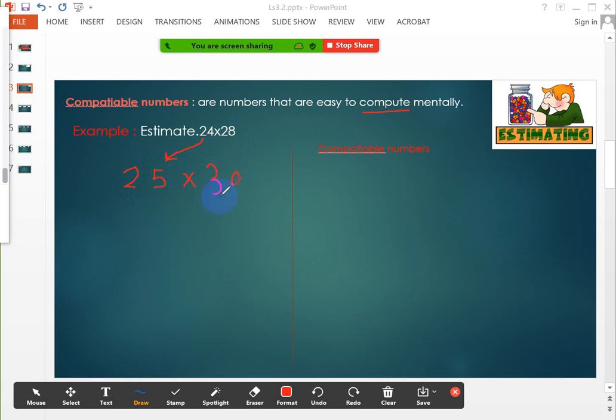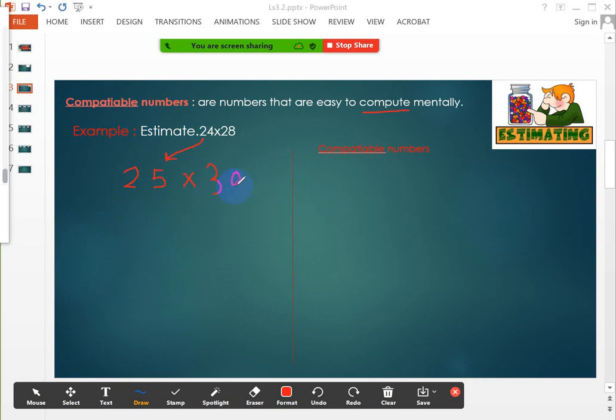So those are the compatible numbers, because I can easily find the product for this multiplication. They are suitable to each other, suitable to multiply. That's why I name those numbers compatible numbers.